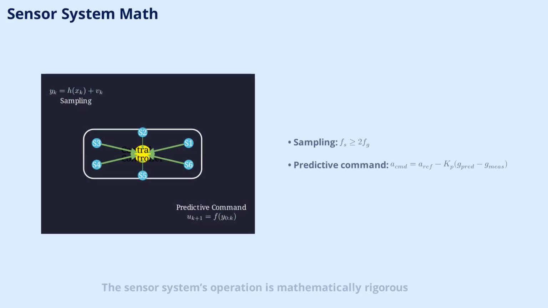The sensor system's operation is mathematically rigorous. Sampling follows f_s ≥ 2f_g, ensuring accurate data collection.